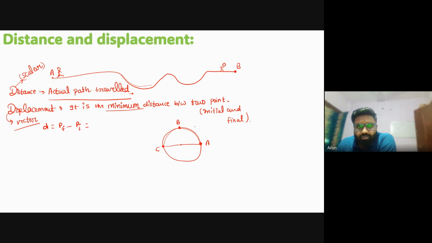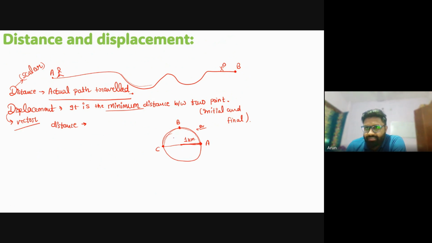Now, if I talk about this example, what is the distance in that? If the radius of this circular track is 1 kilometer, calculate the distance. Distance is this arc ABC, which is the semi-circumference of this circle.